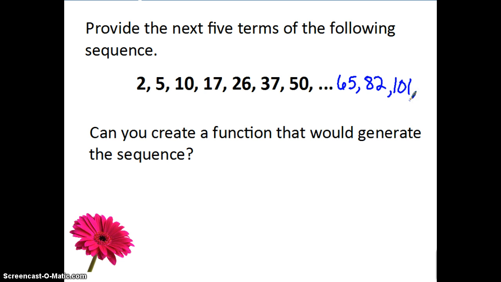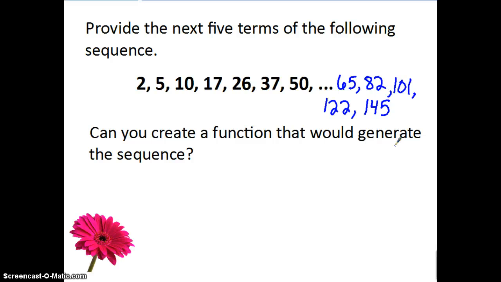Then we would add 21, which will take us to 122. And then lastly, we would add 23, which would take us to 145. And we could keep going on with that if we wanted to. That one just asks for the next 5 terms, so we have written those.